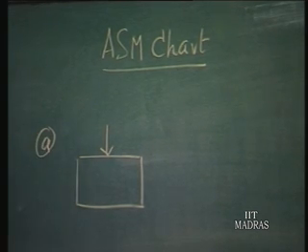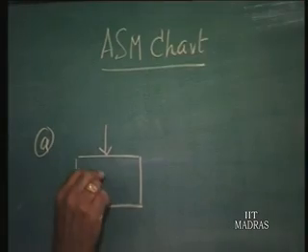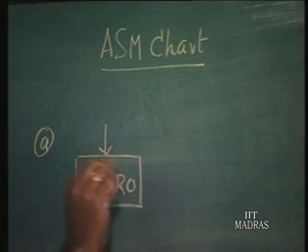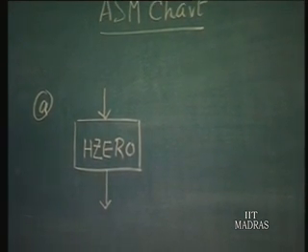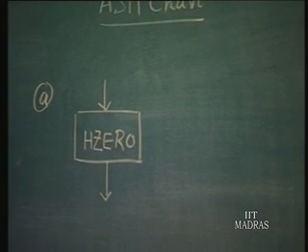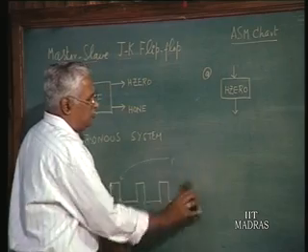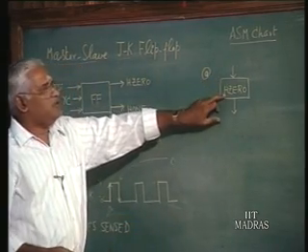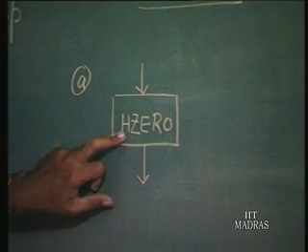In state A, I'll just say I assume the output generated is 0. Remember, we are always talking about the state box, and we are always recording the output being generated in that box.